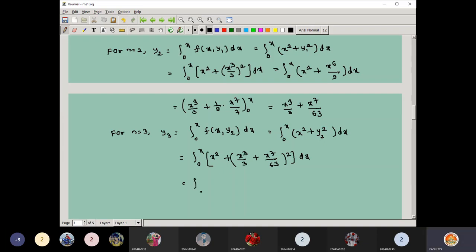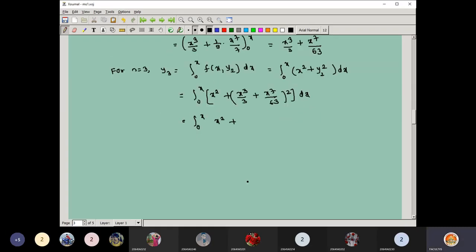First you do the simplification. 0 to x, x square plus, it is looking like a plus b whole square formula. So a square, that means x to the power of 6 divided by 9, plus b square, x to the power of 7 into 7, so x to the power of 14, and it is 63 square.